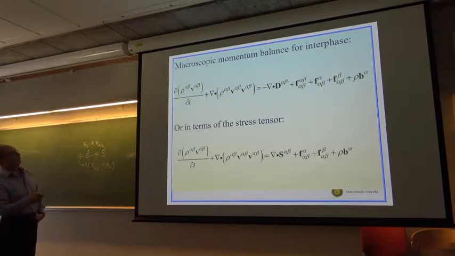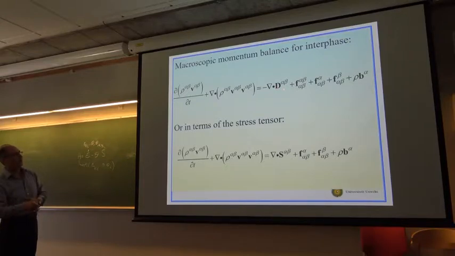And we get also a momentum balance for that interface, which is these inertial terms. The minus sign is right. And this is the deviatoric momentum exchange within the alpha beta interface. This is the force the alpha beta particles exert on each other. This is the force that alpha beta particles exchange with the neighboring phases and the outside world.